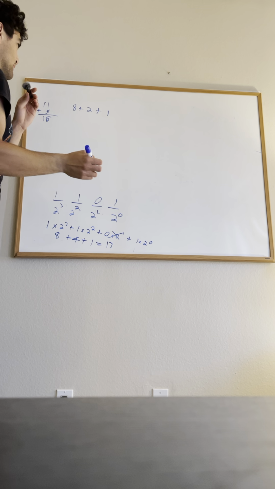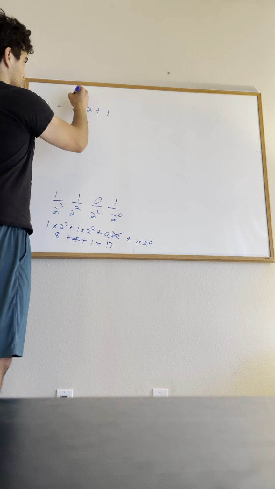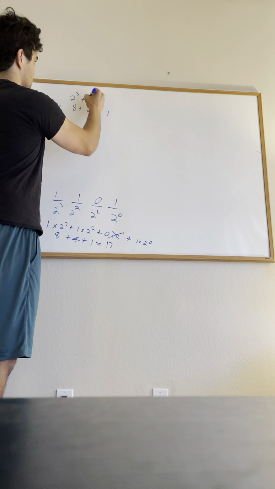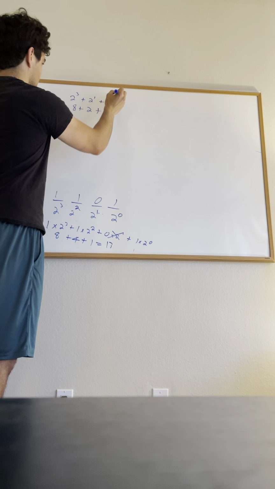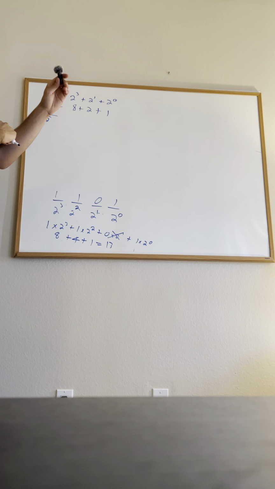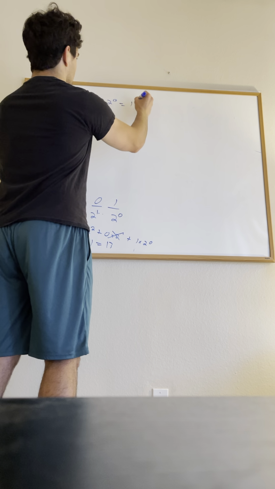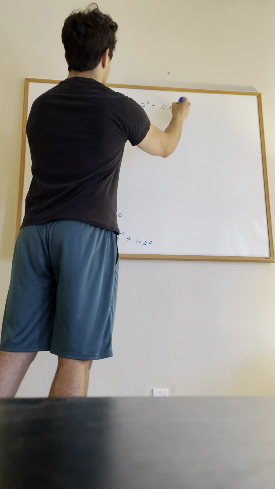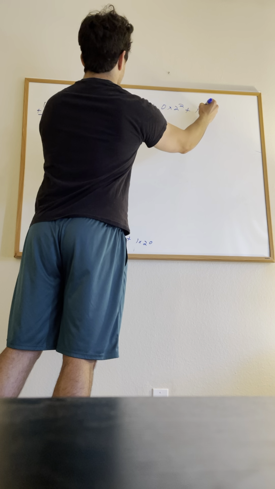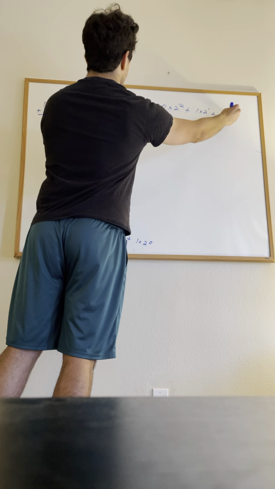So this is going to be 2 cubed plus 2 to the 1, and then plus 2 to the 0. And then obviously this is really 1 times 2 to the 3 plus 0 times 2 to the 2 plus 1 times 2 to the 1 plus 1 times 2 to the 0.